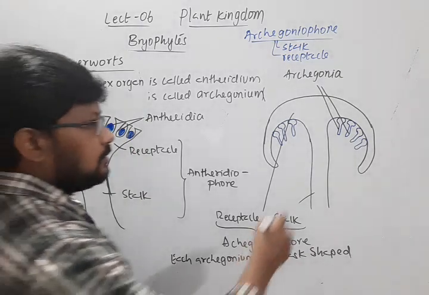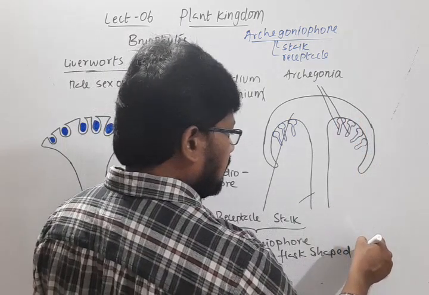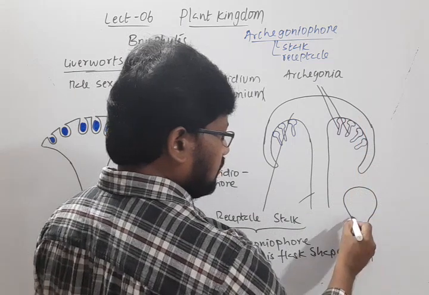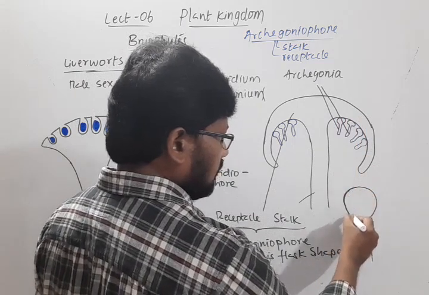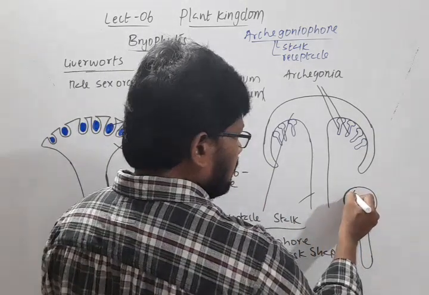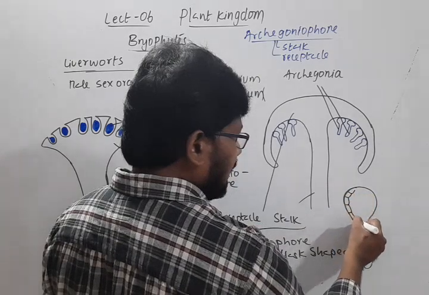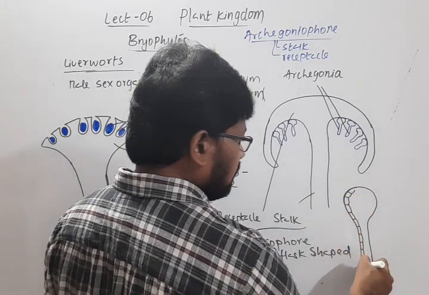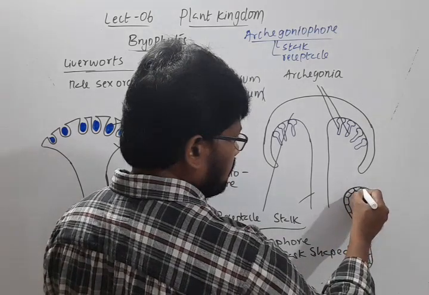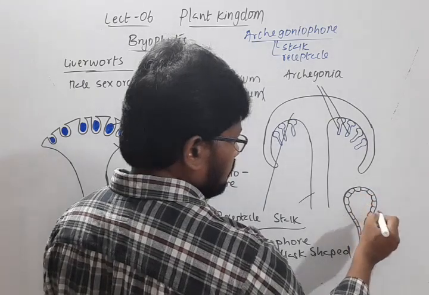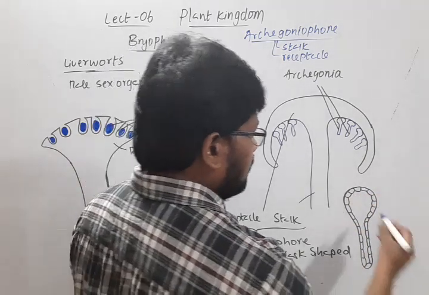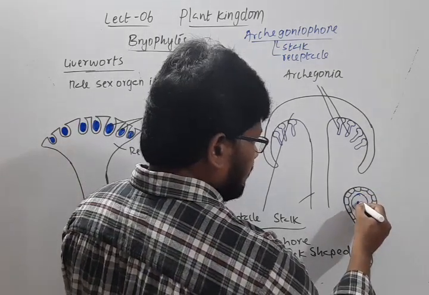I'm drawing it a little bigger here. This is how the archegonium looks. At the center you find the egg cell.